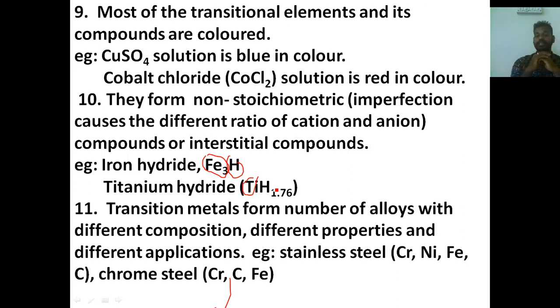For example, stainless steel and chrome steel. Stainless steel has the addition of chromium, nickel and iron with carbon, and chrome steel means chromium and carbon with iron, added in a perfect ratio. These cause changes in their property and they are used in different applications.